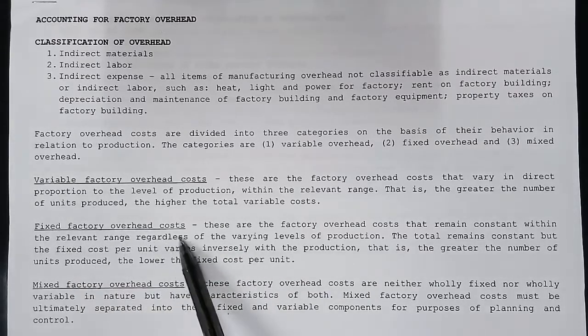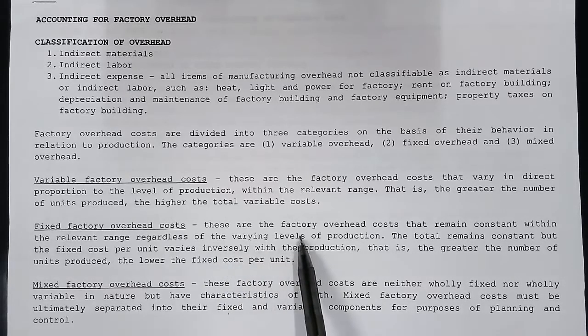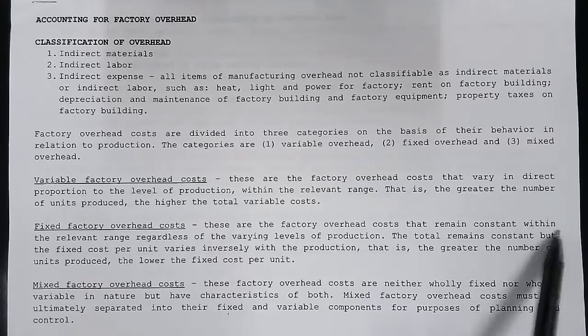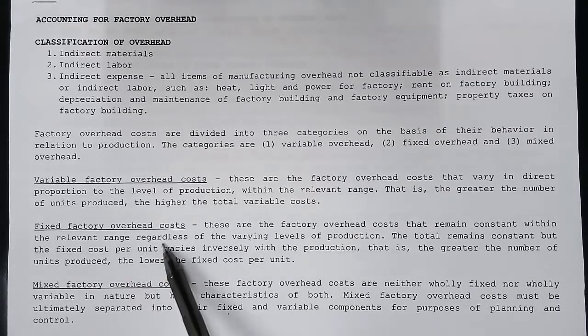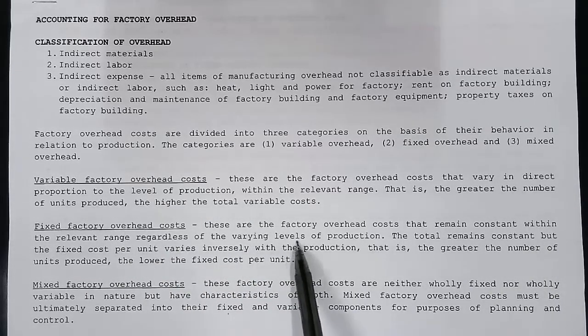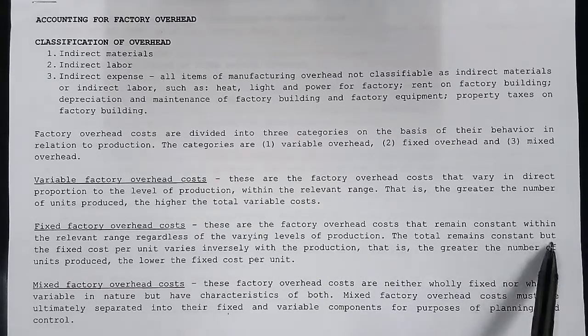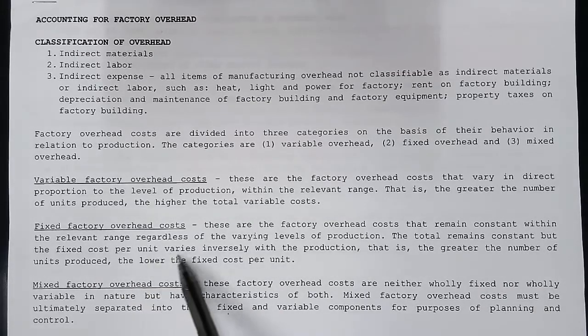Fixed factory overhead cost. These are the factory overhead costs that remain constant within the relevant range, regardless of the varying levels of production. The total remains constant, but the fixed cost per unit varies inversely with the production.